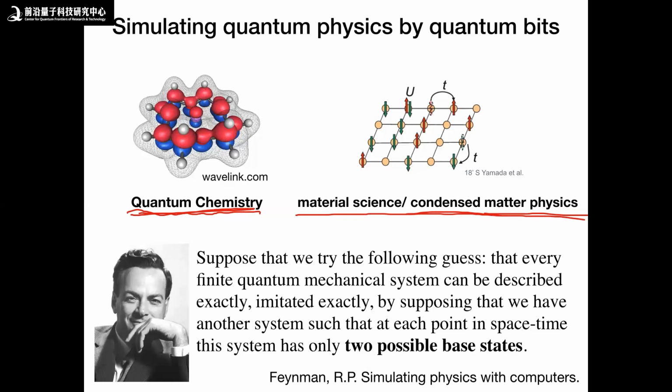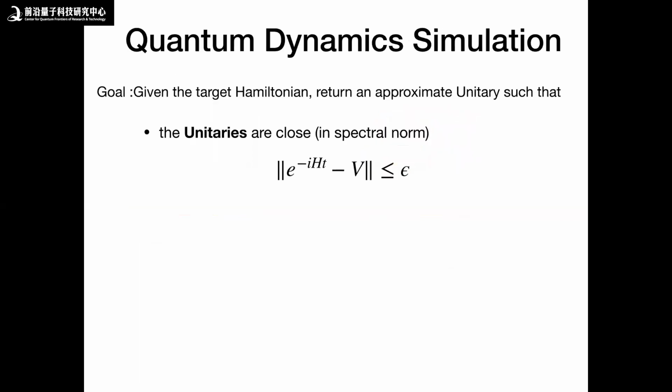So this is what we're going to do today. We're going to simulate quantum physics. To be more technical, here is our goal. We are given some targeted Hamiltonian, that's H, and we want to approximate this exponential unitary evolution by some unitary we're going to assemble.